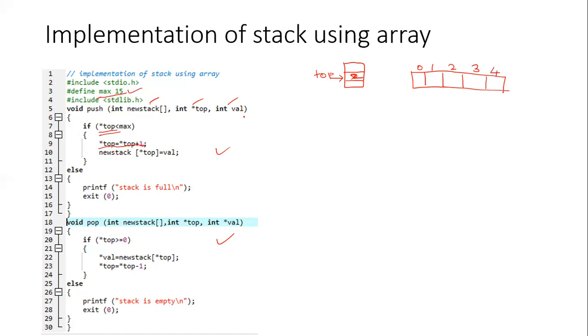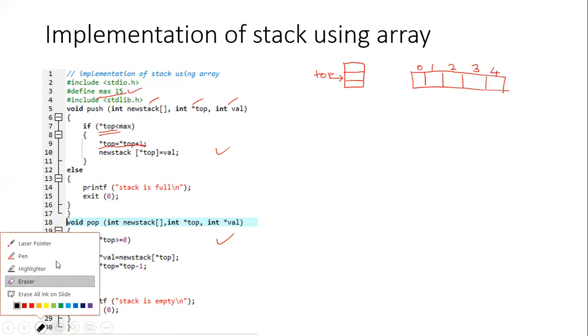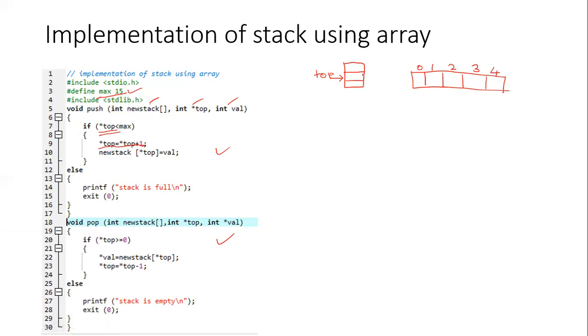What is the value pointed to by top here? Earlier it was 2, so now this becomes 3. Now where's the top here? The top has moved from here.